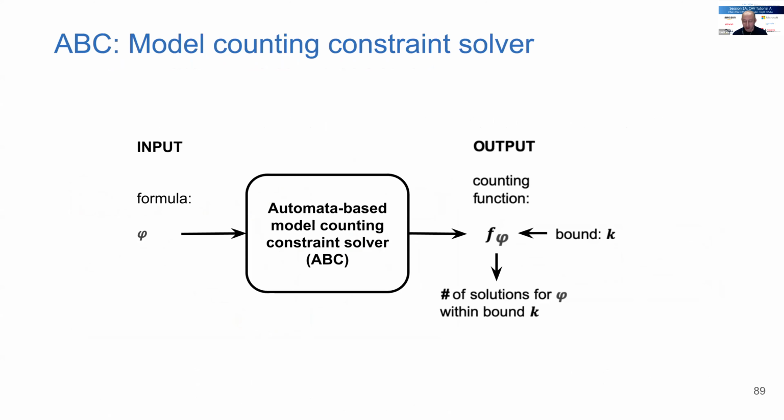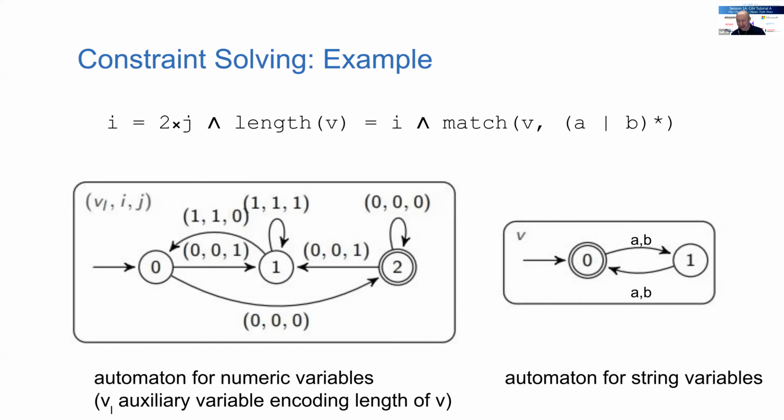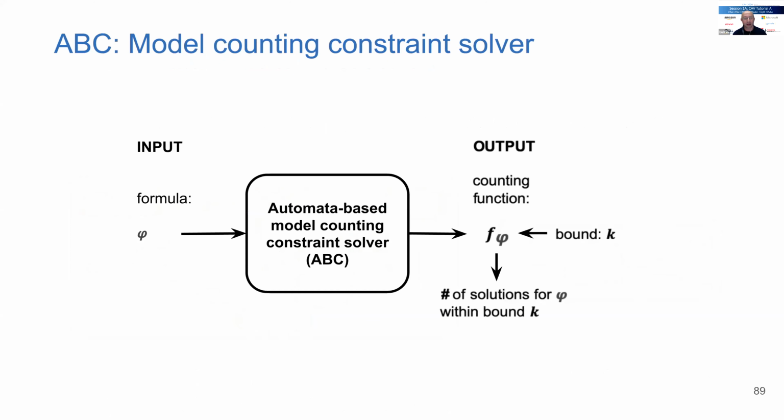If you believe me that I can construct automata, there are some caveats here: we can't do all string operations precisely. Depending on the constraints, sometimes we will get over-approximation. We always over-approximate, but for some classes of constraints it will be precise, though we can't guarantee precision.